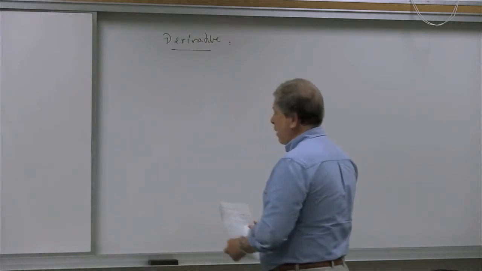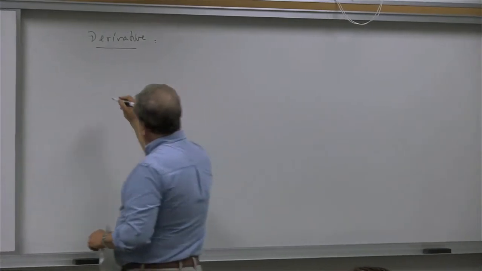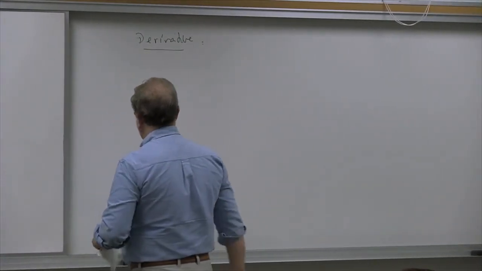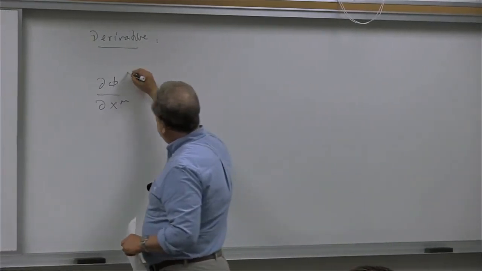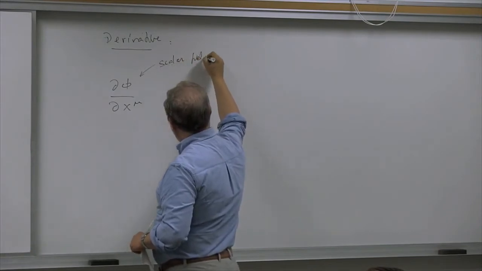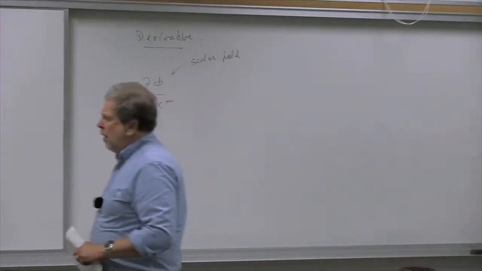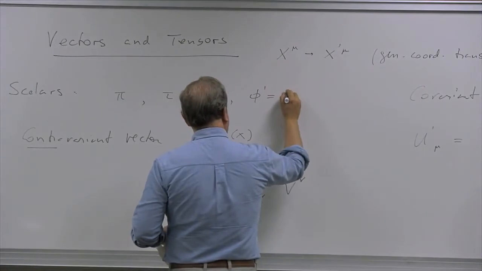It's a special case because we can take, for example, a scalar field, right, phi, and take the derivative of that with respect to x^mu. And so this is scalar. Right, so a scalar field transforms trivially, right? A scalar field is one such that phi prime is equal to phi.